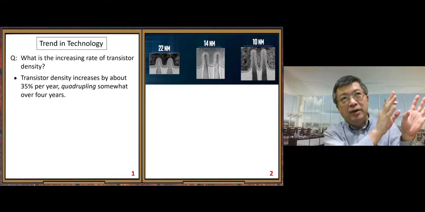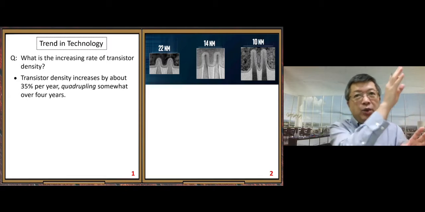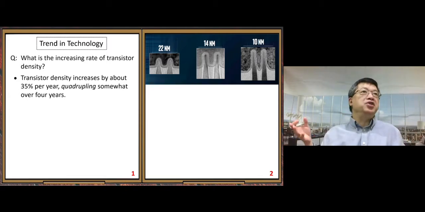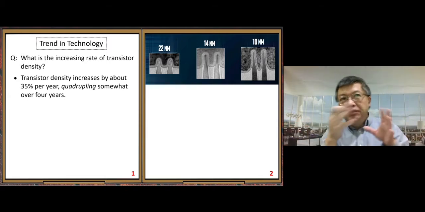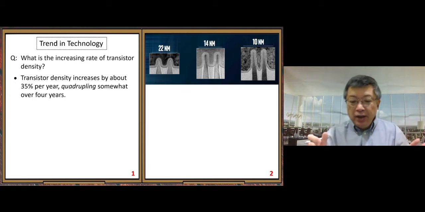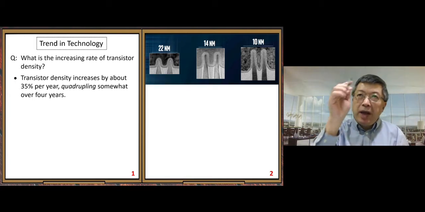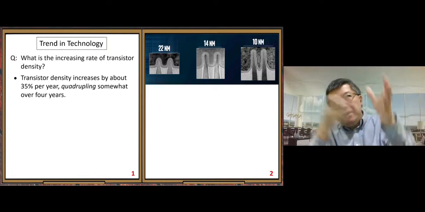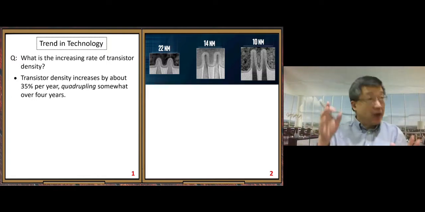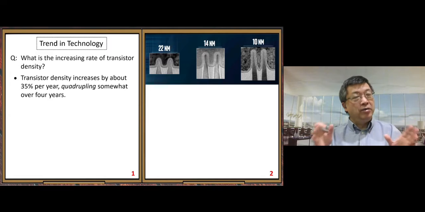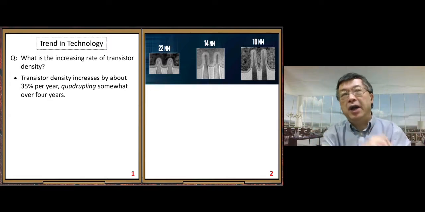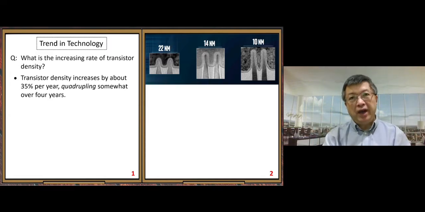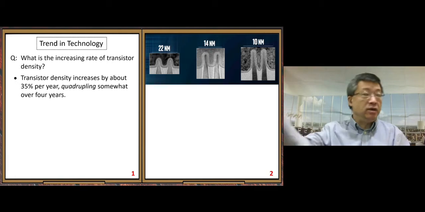Many years ago, Intel had this 22 nanometer technology. Then after a few years, they got this 14 nanometer technology. Then, a few years later, currently this 10 nanometer technology, that's their most recent technology.